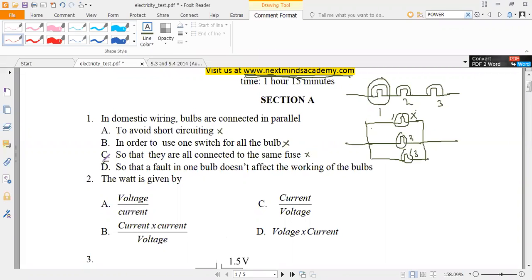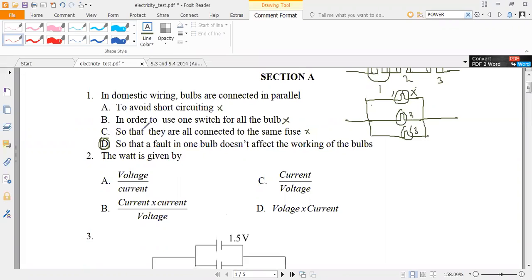So the correct answer for this question is this. When bulbs are connected in parallel, a fault on one bulb does not affect the working of the other bulbs.